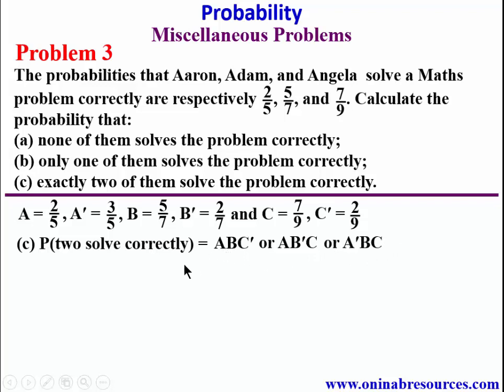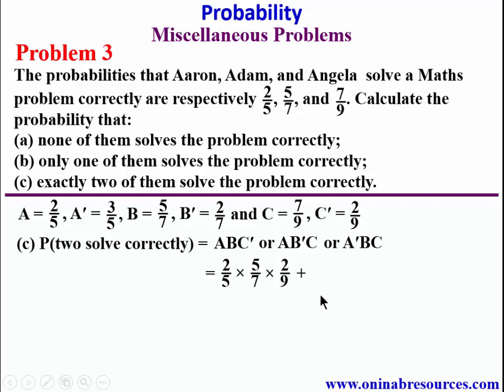So that in our solution, we have probability that A solves correctly, which is 2/5, times B solves correctly, 5/7, times C does not solve it correctly, will be 2 over 9.